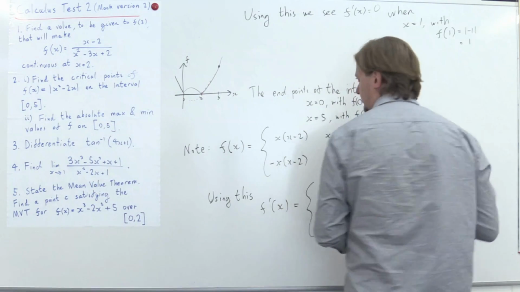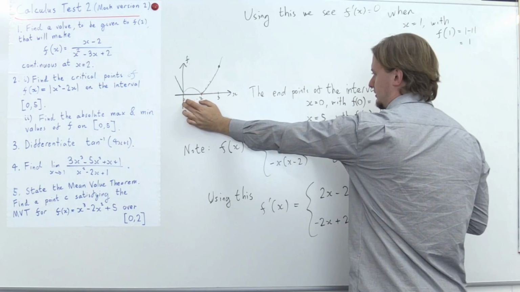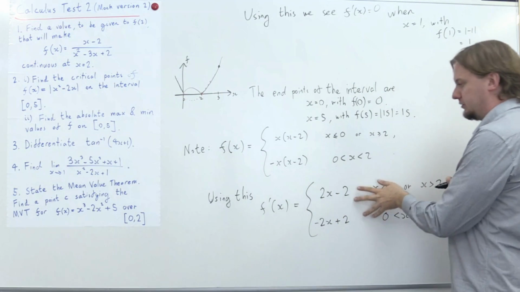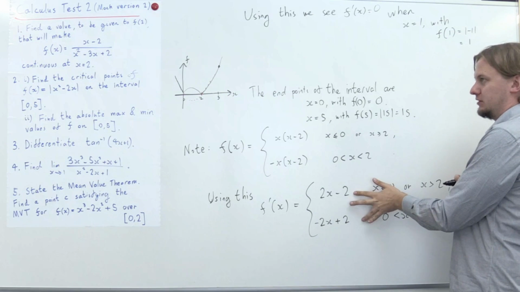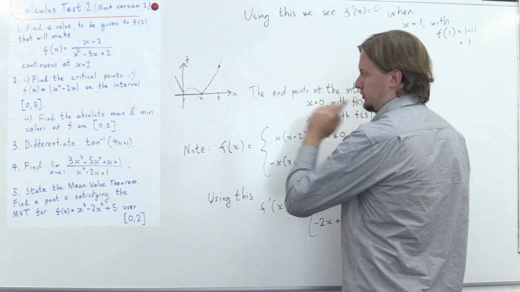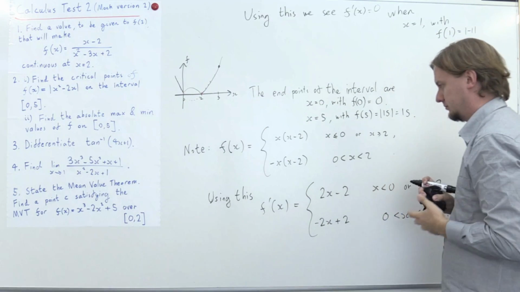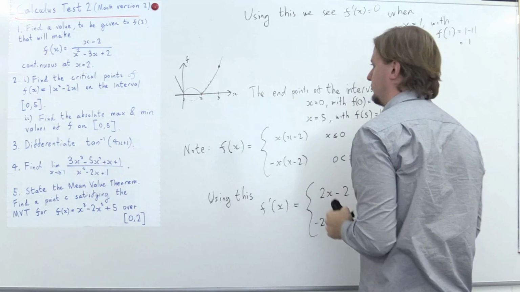And the last point I want to look at, well, I want to demonstrate that the derivative is not defined here, and the easiest way to do that, I think, is to just look at the limit of the left and right hand side here. Because I've already got 0 as a critical point, I'm not going to examine that point again. I'm just going to consider this point here too.